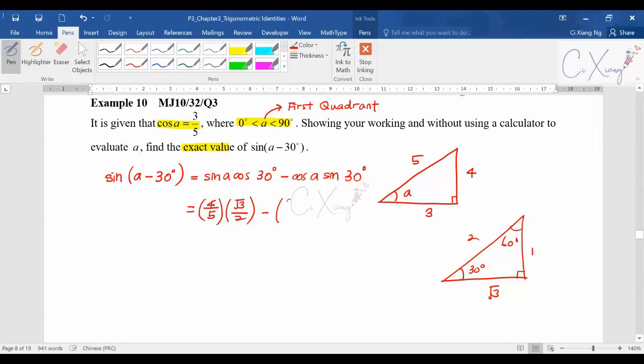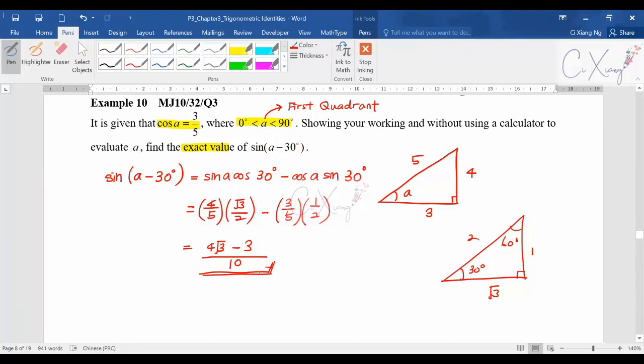What's the value for cos A again? 3 over 5. And sin 30 is half. If you simplify it, eventually you will get (4 square root 3 minus 3) divided by 10. So this is how we solve example 10.